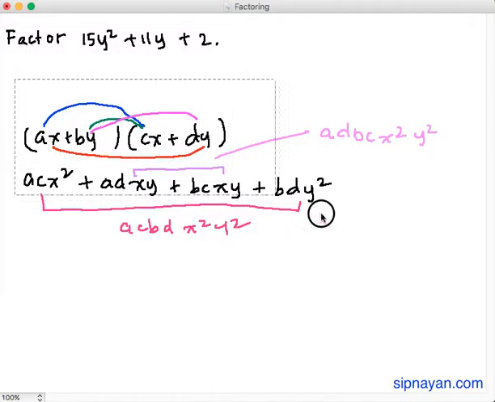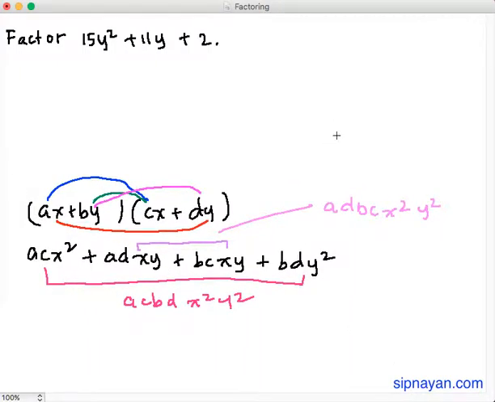Basically, in this factoring we factor by grouping. What we need to find are these two terms, such that their product is equal to the product of the first and last terms. So we're factoring 15y squared plus something, and then plus 2, such that their product is 30y squared and their sum is 11y.